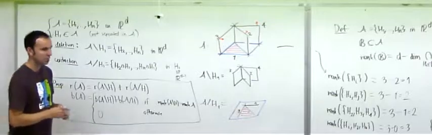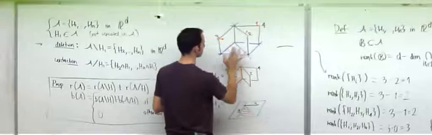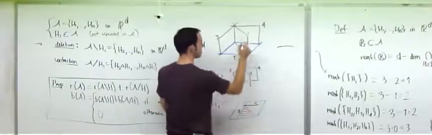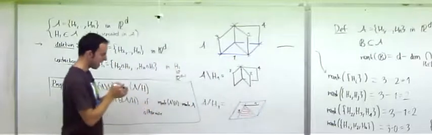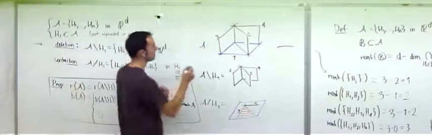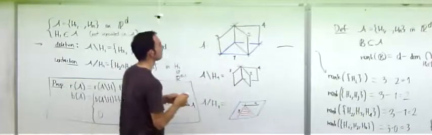I think I can even draw an example for you of why this matters. Let me add another hyperplane to this picture that looks like this. I'm going to draw it in a different color so we don't get it confused.